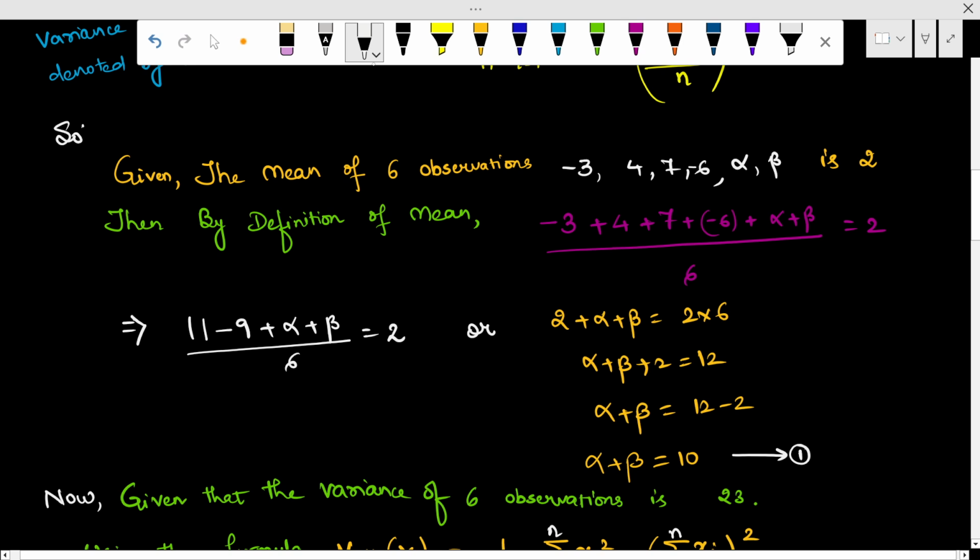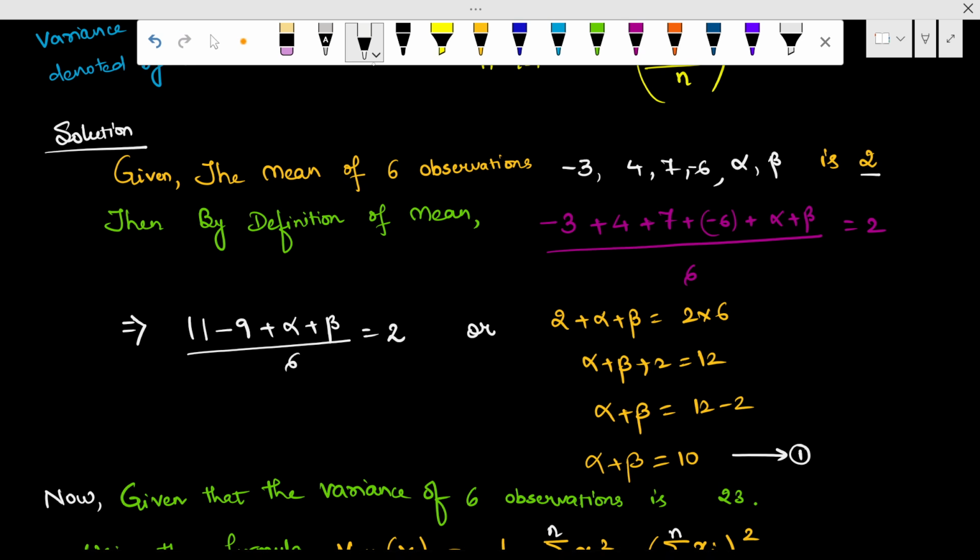So the solution is, given the mean of 6 observations is 2. By the formula of mean, we know that the formula of mean is sum of observations by number of observations. Now the sum of these observations will be -3 plus 4 plus 7 plus -6 plus alpha plus beta, divided by 6 is 2.